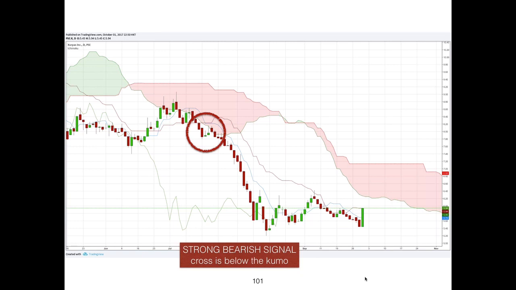Now, before we talked about the Tenkan-sen breaking above or below the Kijun-sen. A Kijun-sen crossover is when it is the actual price that is breaking below or above the Kijun-sen. So these are two different signals. X made a strong bearish Kijun-sen crossover when the price went below the Kijun-sen, and it was also below the Kumo.